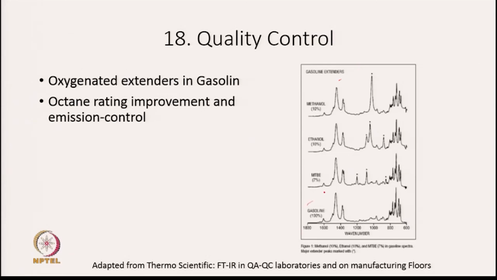So, this is your gasoline 100%, this is 7% MTBE, ethanol 10% and methanol 10%, and just by looking at the gasoline you can tell the amount of this extender present in the gasoline, and that can tell you about the quality of that gasoline sample.